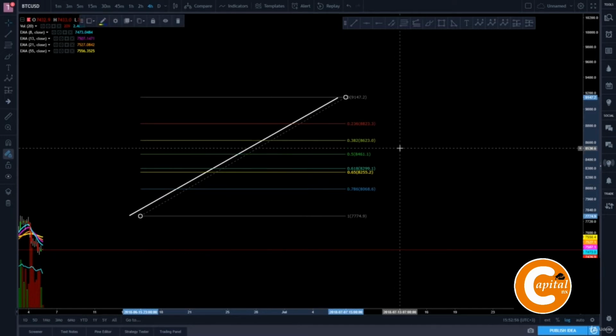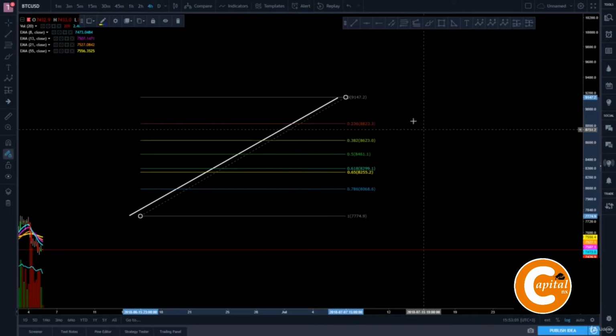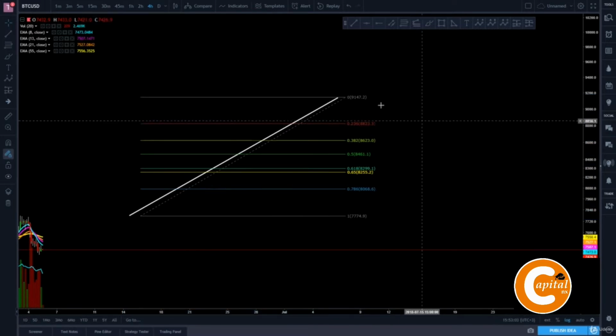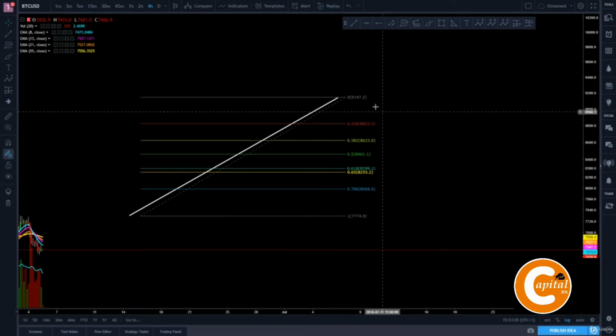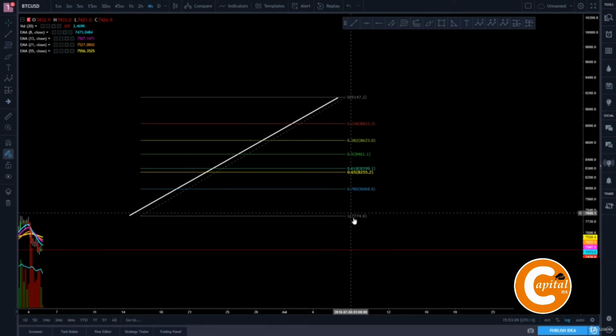Okay, so now that we configured our Fibonacci tool and fixed it for this first wave, let's see what these levels are telling us. On the right hand side, you can see that we have some levels of where this first wave could retrace.